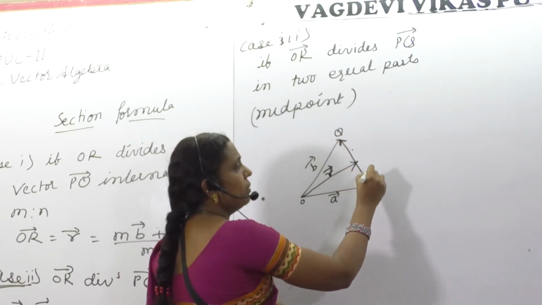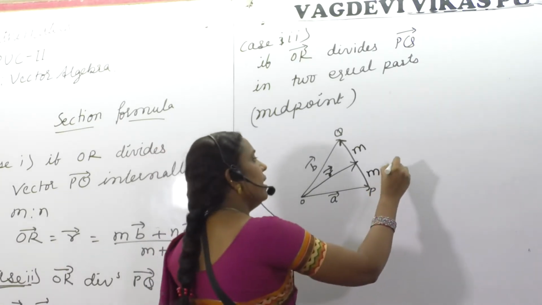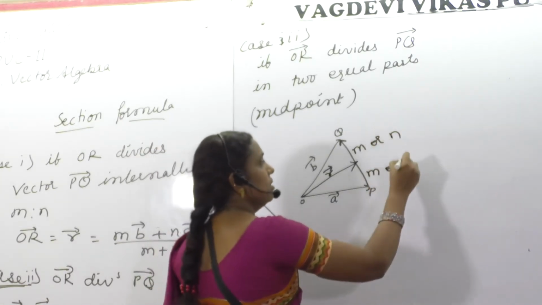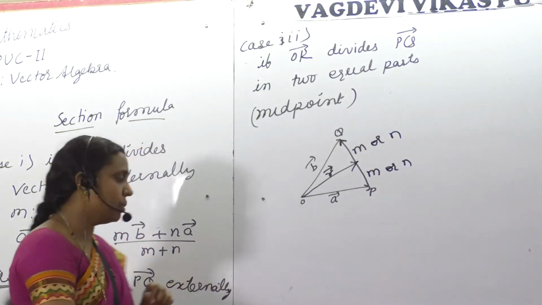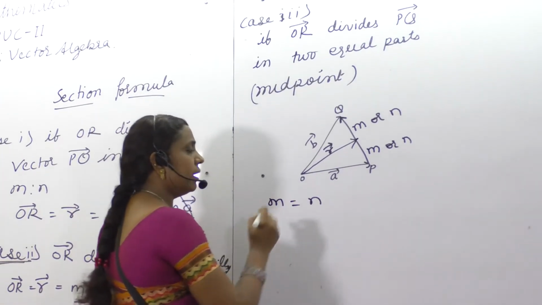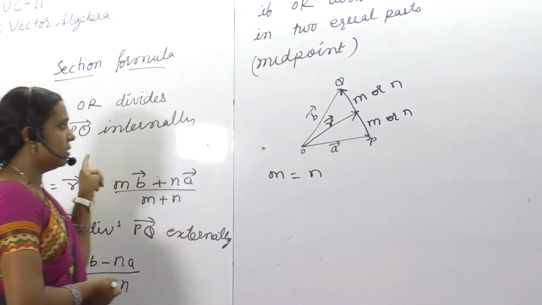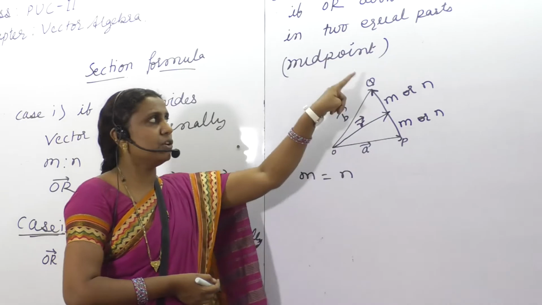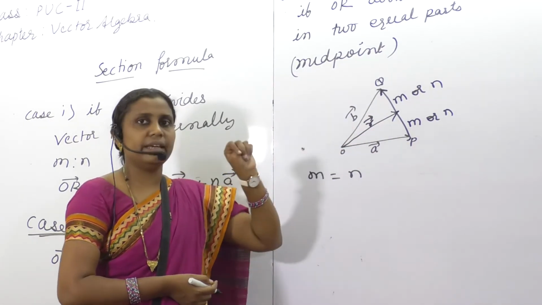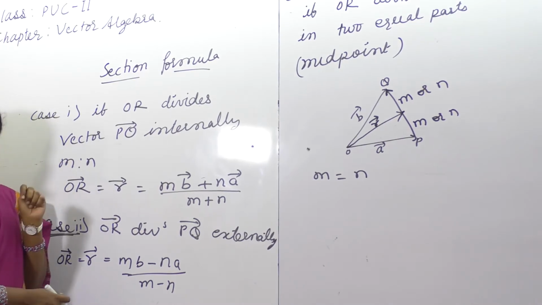Here both are equal, means you can take m and m or n and n. Your choice. Both are equal. Okay. So here what I will take? m and n are equal. So is it with reference to the case 1? It divides PQ vector internally.